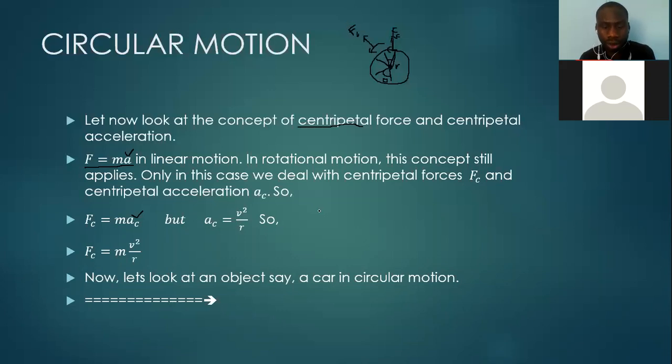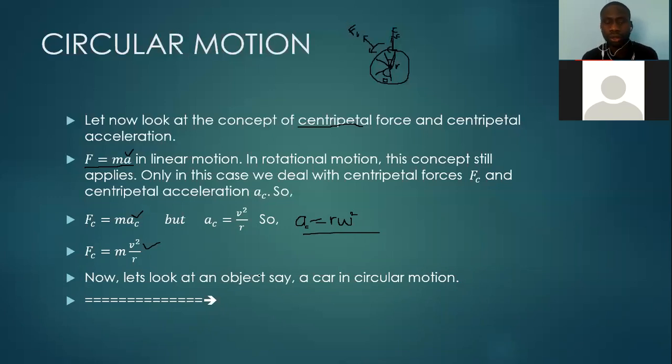If we wanted to use angular velocity, we would write centripetal acceleration as r omega squared. So this is how it is stated using angular velocity. It is r omega squared. Now, when we have an acceleration of that type, and we have that force with m as a constant, we can write our equation like this to describe the effect of centripetal force.